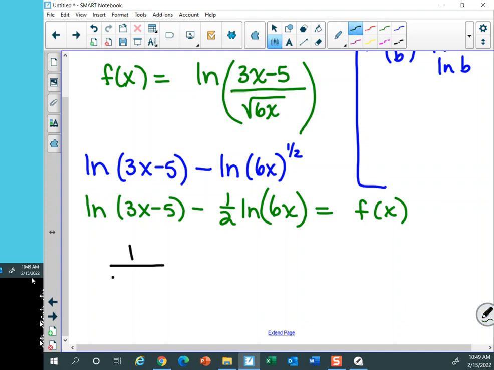So here we go. Derivative. 1 over 3x minus 5 times 3 minus 1/2 times 1 over 6x times 6.